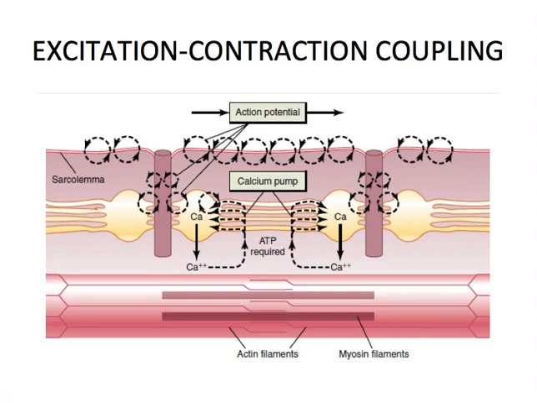If you are asked to explain excitation contraction coupling, in the first step the action potential travels along the muscle fiber membrane in the same way the action potentials travel along the nerve fiber membranes. Next, the action potential depolarizes the muscle membrane.